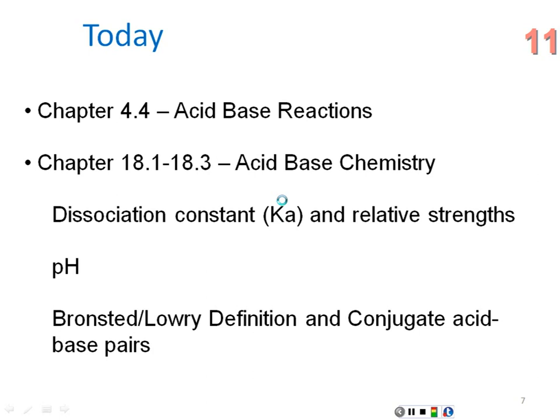In particular, what we'll be dealing with in chapter 18 is the dissociation constant, Ka, for weak acids, weak acids and their relative strengths to one another. We're going to learn how to calculate pH. That's important. And then we're also going to talk about the Bronsted-Lowry definition of acids and bases, and the idea of a conjugate acid-base pair.